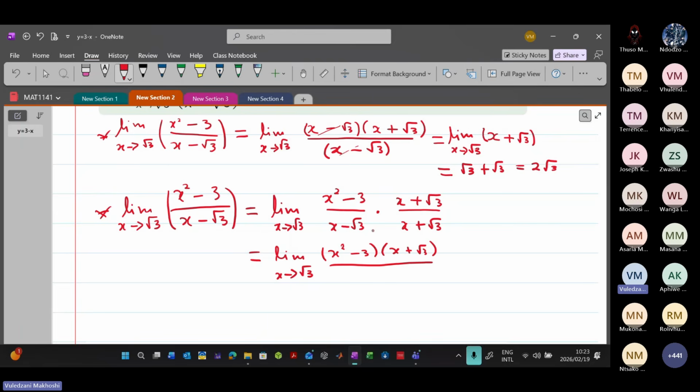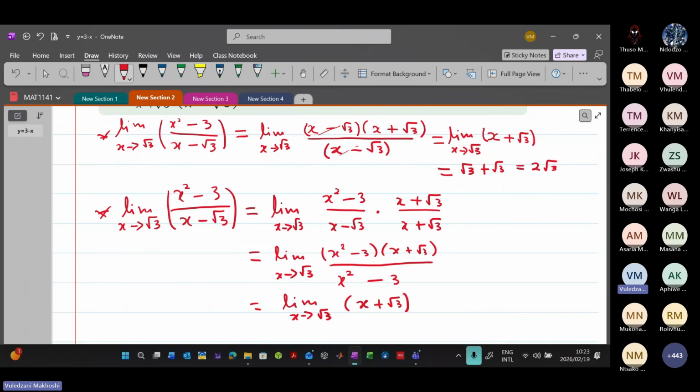We are just reversing the difference of two squares. So we have x squared minus 3, which is the same as that. So we end up with the limit as x approaches square root of 3 of x plus square root of 3.